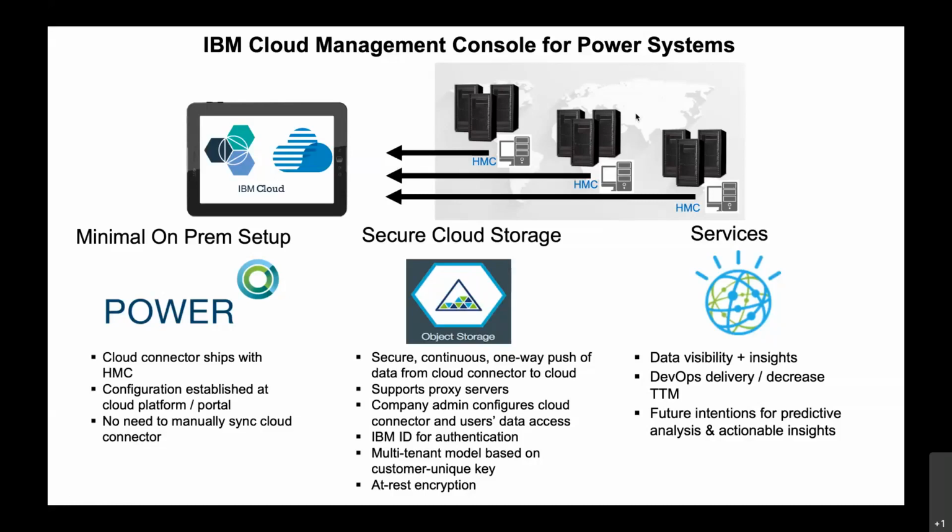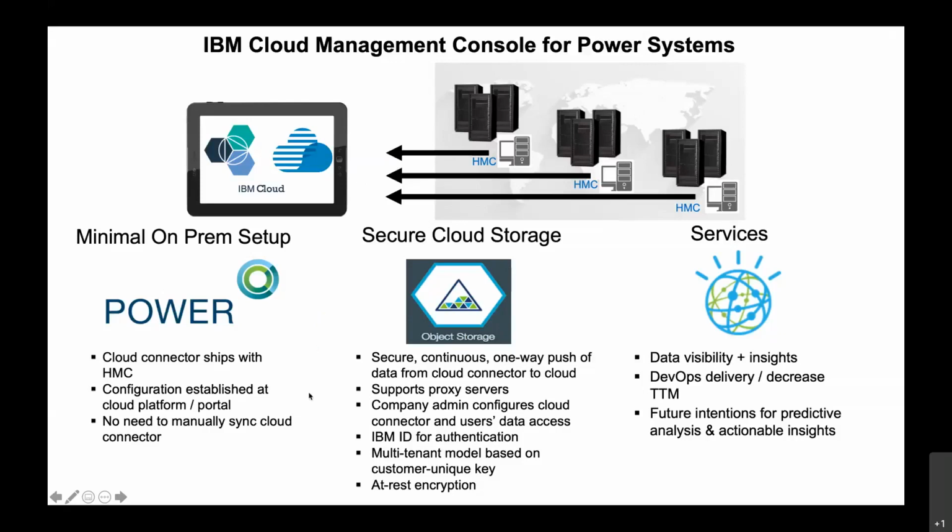So there is a connection required between HMC and CMC, which is a one-way connection, as you can see in this slide. There is an outbound connection required from HMC to CMC, so that the cloud connector process, which is running inside HMC, can collect the required data and send it across to CMC, on top of which we have built a lot of applications in the CMC platform.